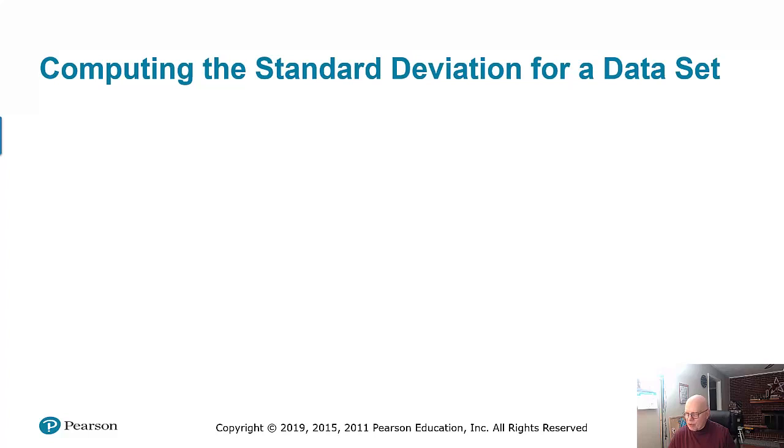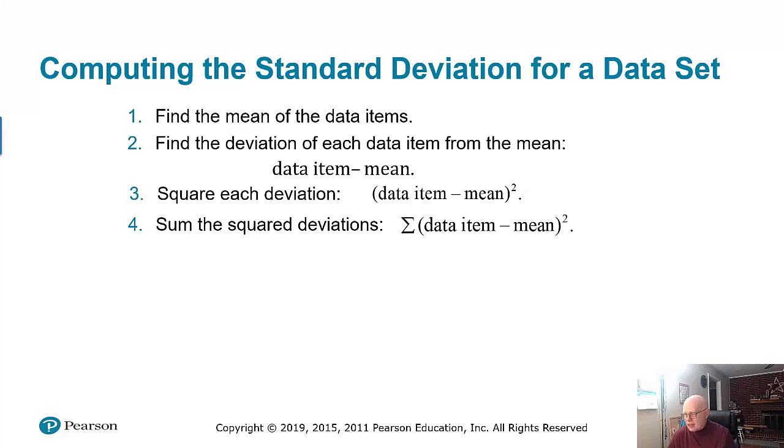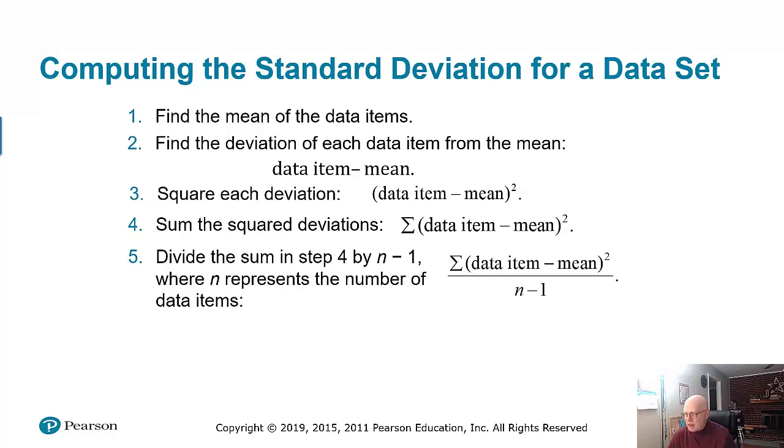Next, we're trying to find standard deviation. We found the 4 deviations. The next thing you do is, after you get the mean, after you get the deviation, which is just subtracting the data by the mean, then you'll square all those deviations you got and add them together. Then divide by n minus 1. n represents the number of data items.